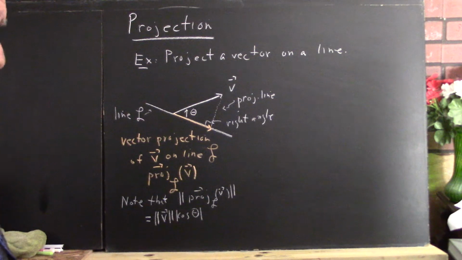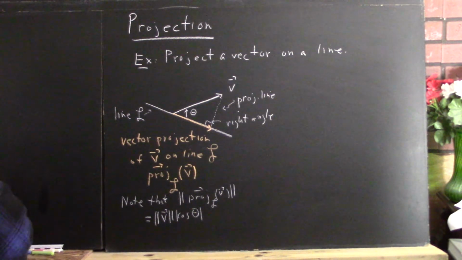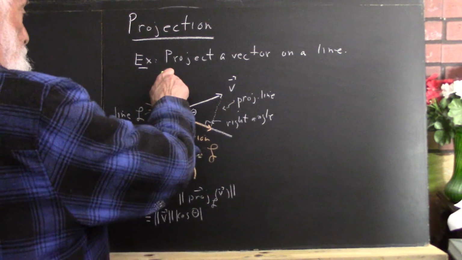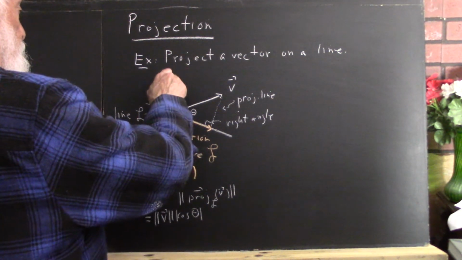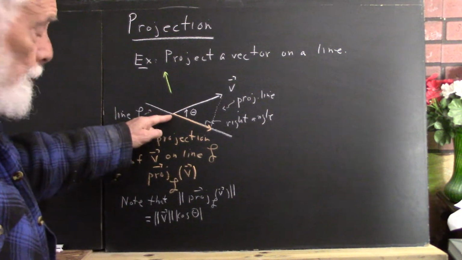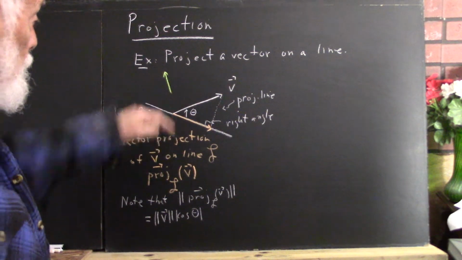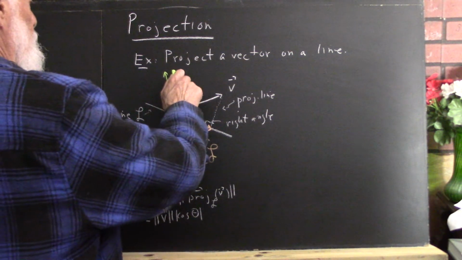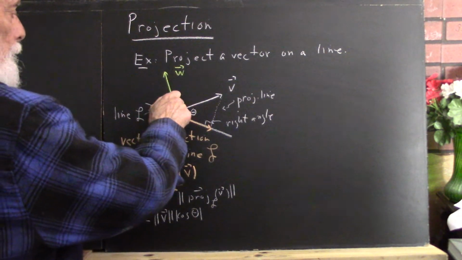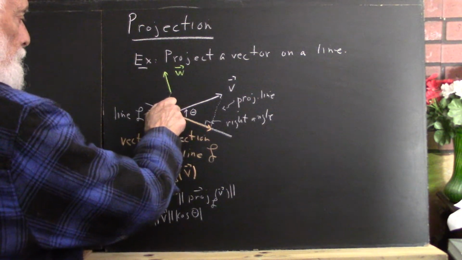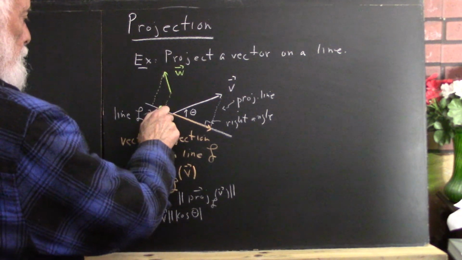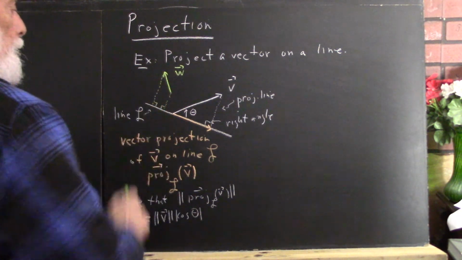That works, incidentally, if you have a vector, let's just say you've got a vector here, and the initial point of the vector in this case isn't on the line. I chose to put the initial point of the previous vector on the line, but let's call this vector W. We can project the initial point of W to the line. We can project the terminal point of W to the line. Again, right angles in both cases.